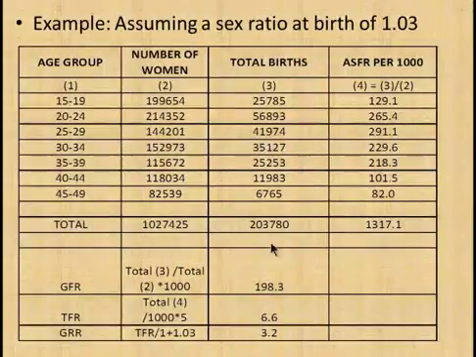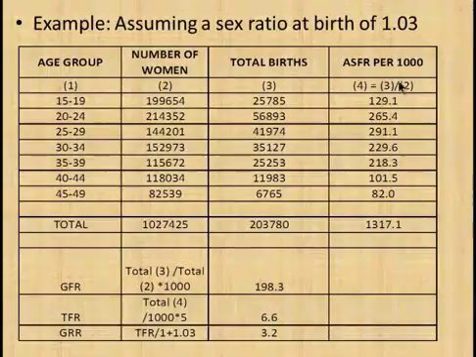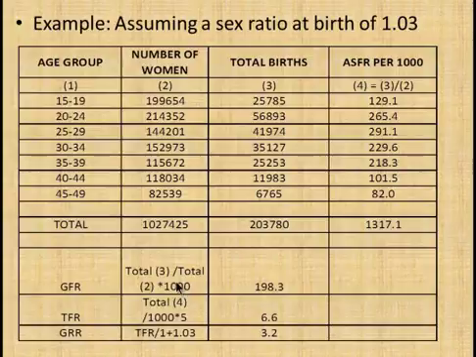So you simply divide the sum of this column by the sum of this column. Remember, it's per 1000, so you multiply by 1000. So our general fertility rate is 198.3.